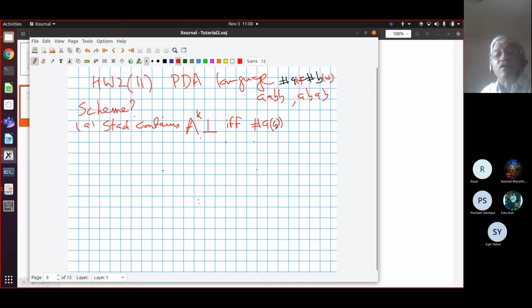So W is the part of the word which is scanned so far, the number of A's seen in the word minus the number of B's scanned in the word is equal to K, which is greater than or equal to 0.